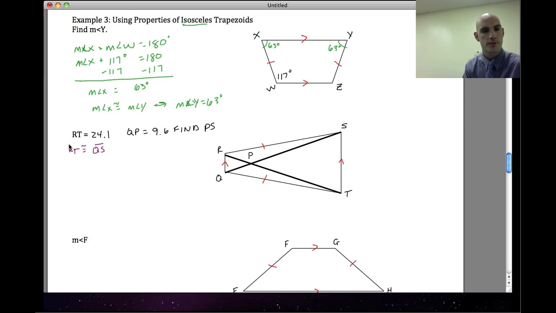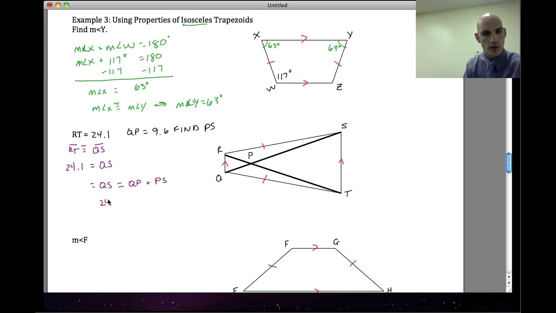So they are congruent. Well, this means for us that 24.1 is equal to QS. Well, QS is really equal to QP plus PS. Okay? Because QS is a segment, so we use the segment addition postulate.